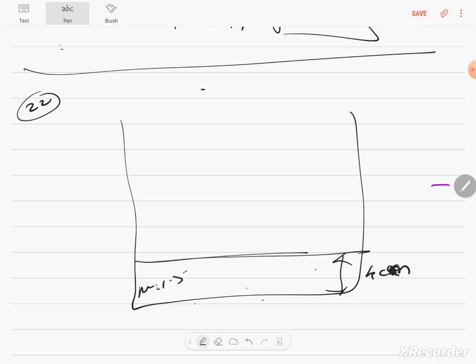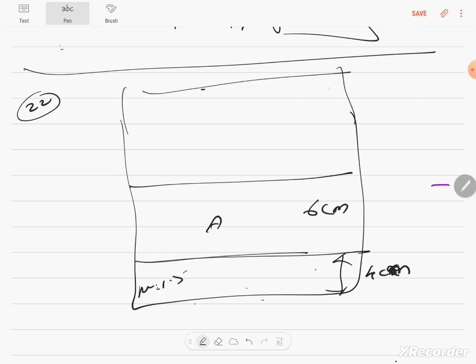The container consists of two immiscible liquids, A, which is occupying a depth of 6 centimeter, and B, which is occupying a depth of 8 centimeter. They've already given the refractive indices of A and B. This refractive index is 1.4. This refractive index is 1.3. Let's call them mu1, mu2, mu3. Let's call this T1, this is T2, and then T3.